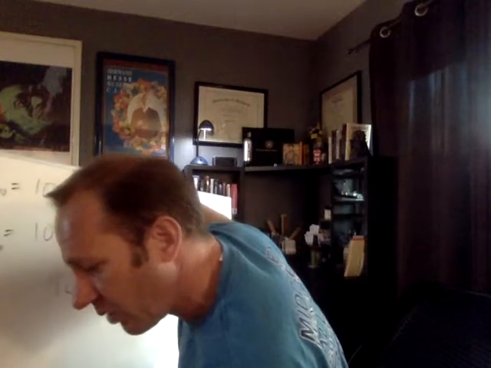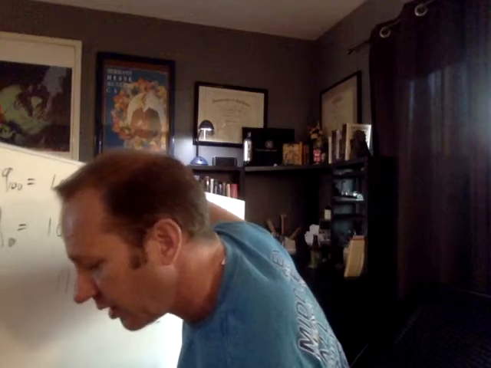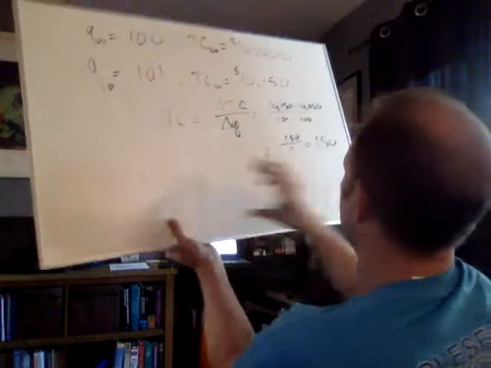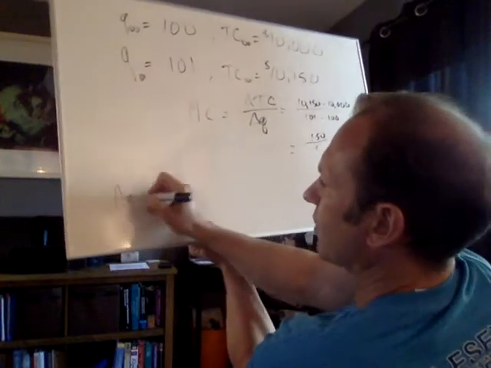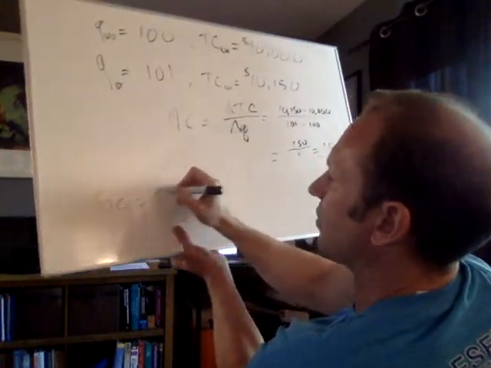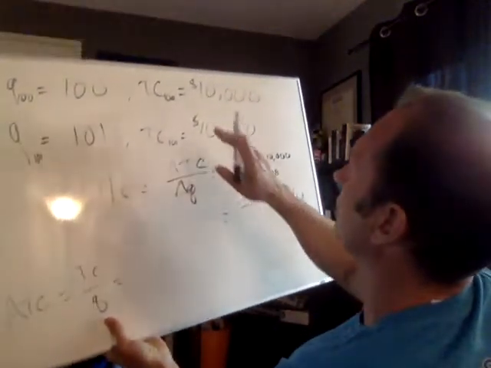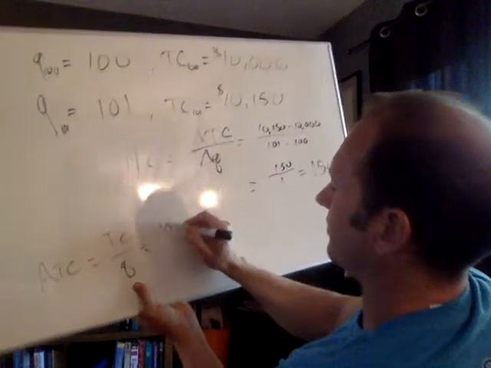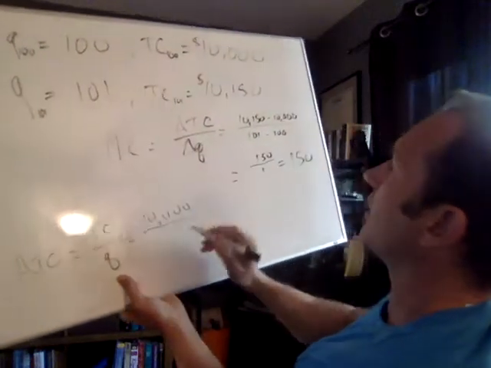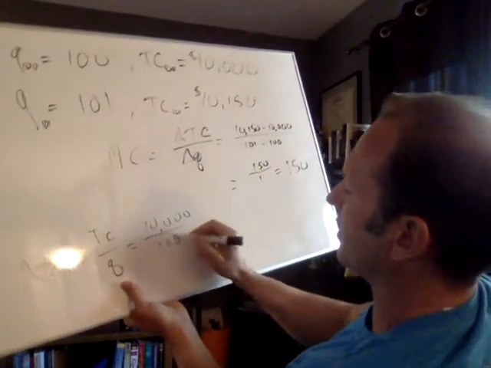Letter B, what is the firm's average total cost for producing the 100 units? Average total cost is equal to total cost divided by quantity. The total cost for the 100 units was 10,000, and it was for 100 units.